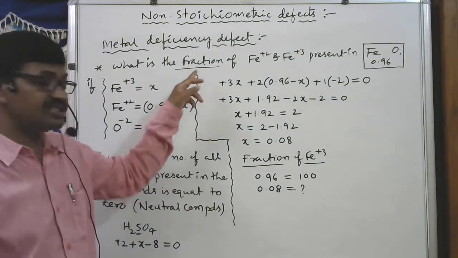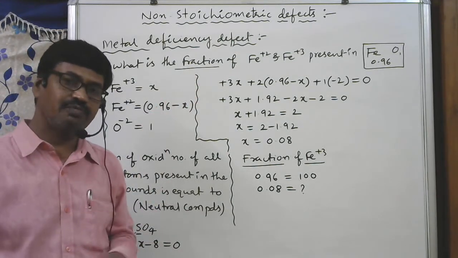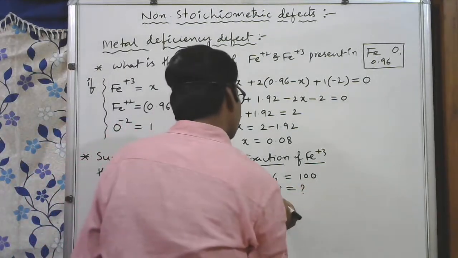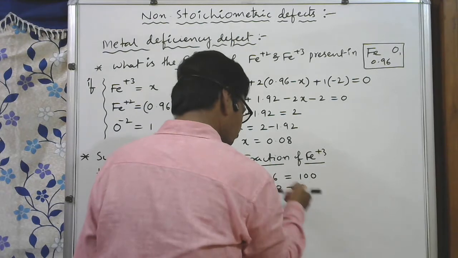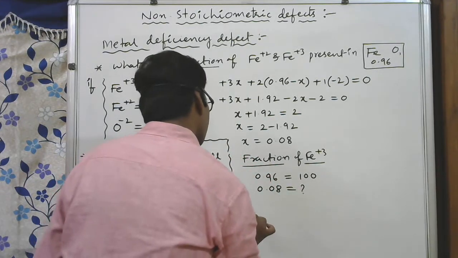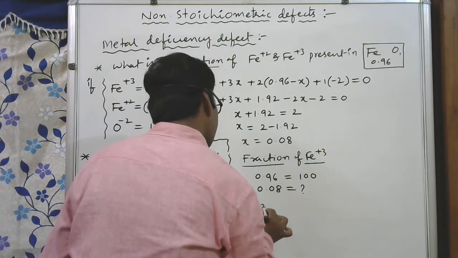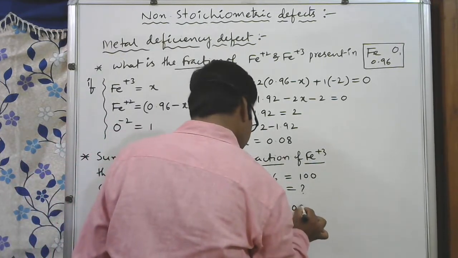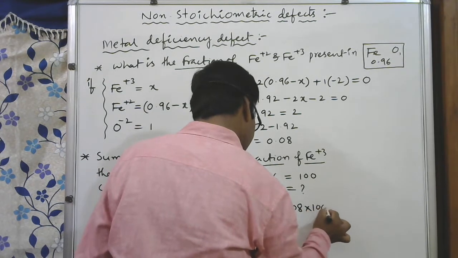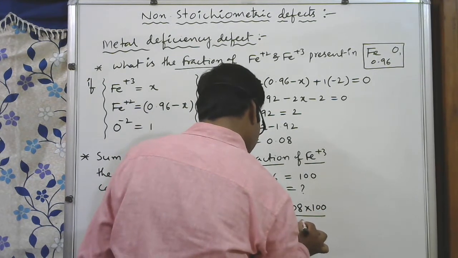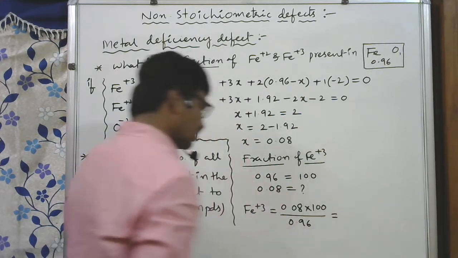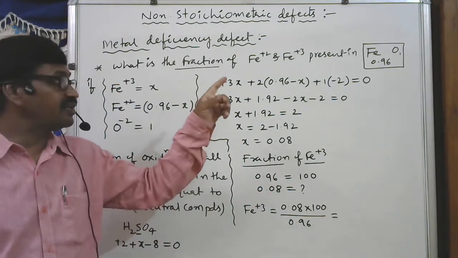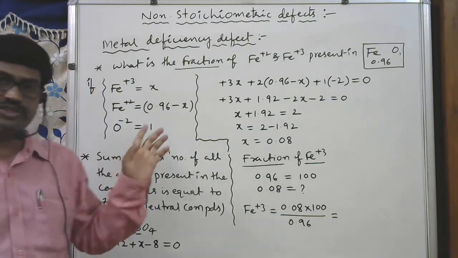Sometimes even though they ask fraction, in the options they give percentages, then we can take 100. So 0.96 equal to 100, then 0.08 equal to how much? You just have to do simple cross multiplication. So Fe plus 3 fraction equal to 0.08 into 100 by 0.96. This is the Fe plus 3 quantity if we consider Fe as 1, not 0.96.